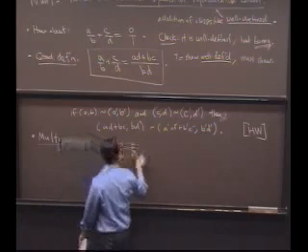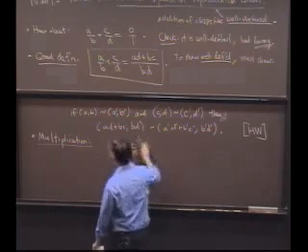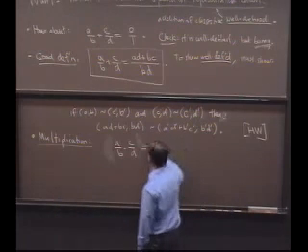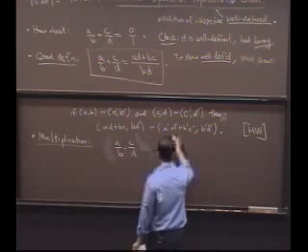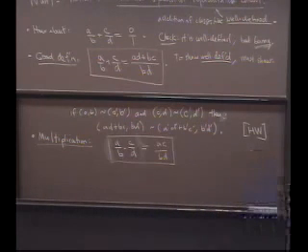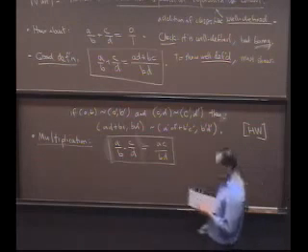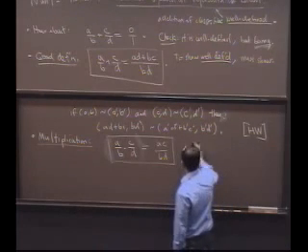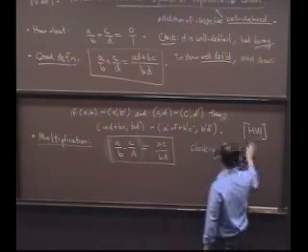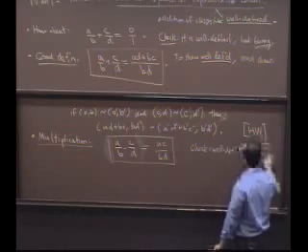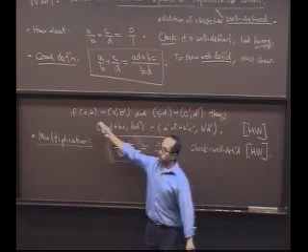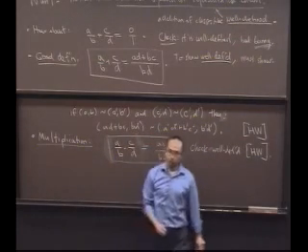If I want to multiply two fractions, I'll define this to be the class of AC over BD. And again, I want you to check that this is well defined, also on your homework. That means you're going to have to convert this statement into a statement about ordered pairs.